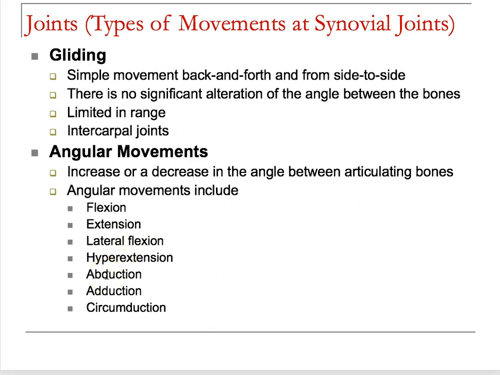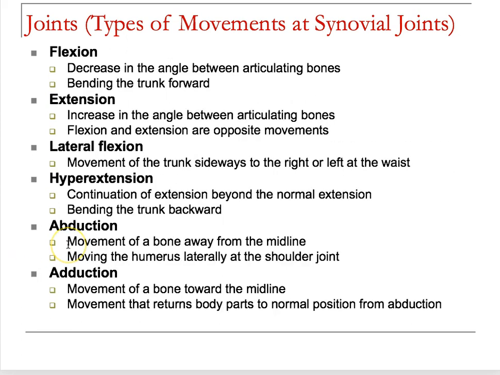Abduction is to move it away from the body. Adduction, it doesn't necessarily have to be the body, is towards where you're starting. And circumduction is to create a circle. So you actually add multiples of these together. And you can go through these definitions. It's not that I don't want to go through them with you, but this is the sort of stuff where you make a flashcard, and this might be helpful.